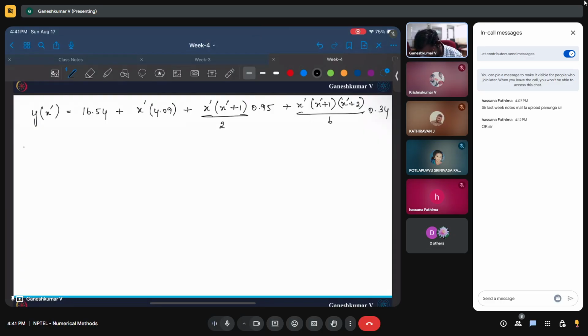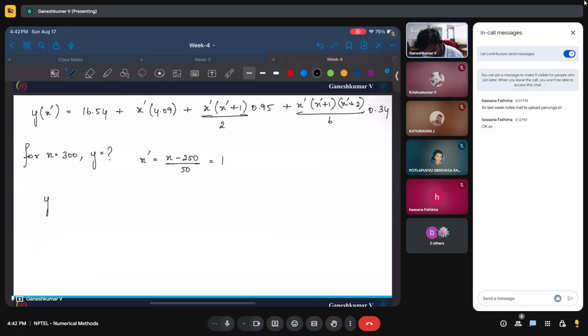Now what I've been asked is to find the value for x equal to 300, right? For x equal to 300, first you can find x bar. x bar is x minus 250 divided by 50, which is 1.